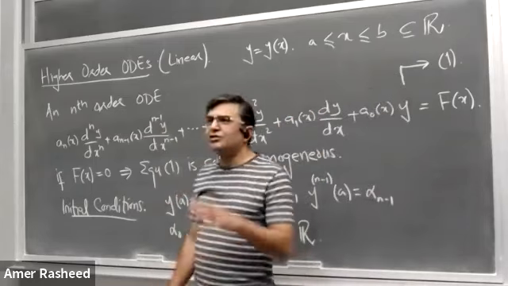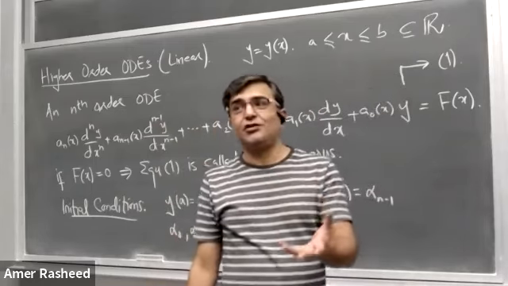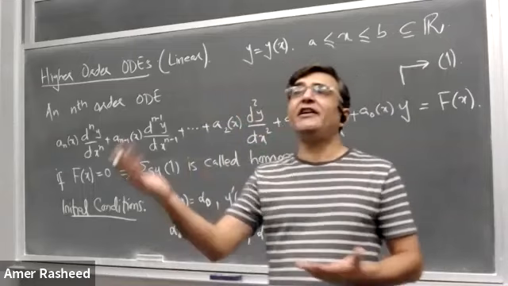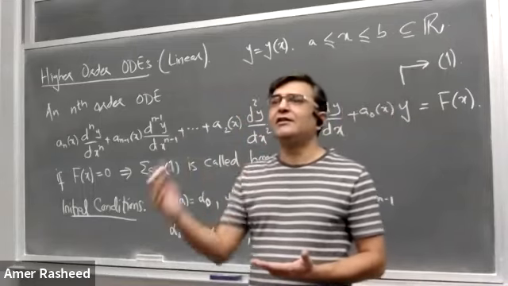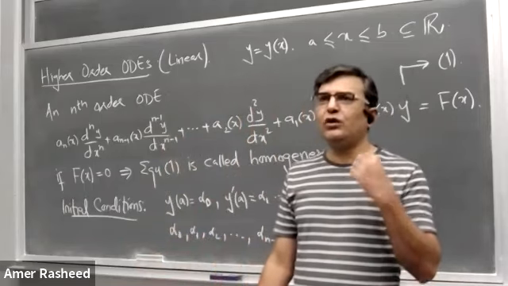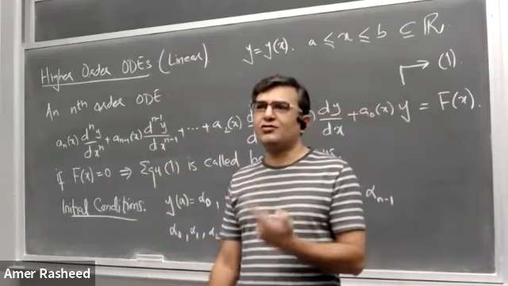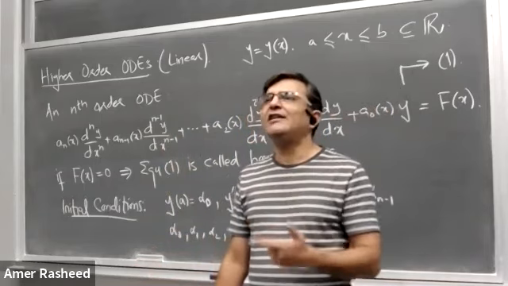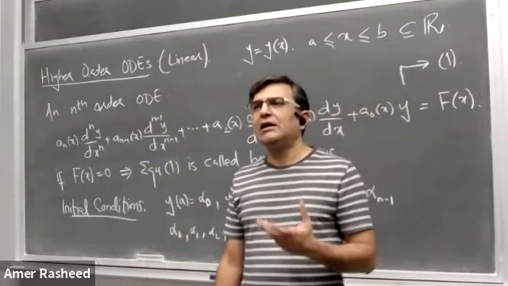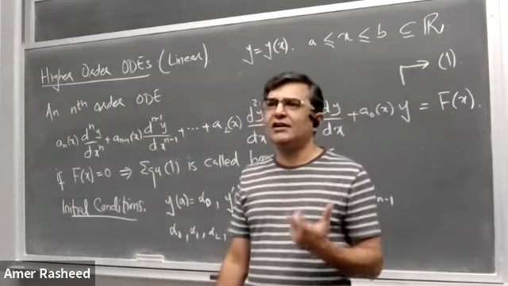In order to get y from a first order differential equation, we have to eliminate the derivative, so we integrate the equation. We get one integration constant. In order to find the value of that constant, we use one initial condition.